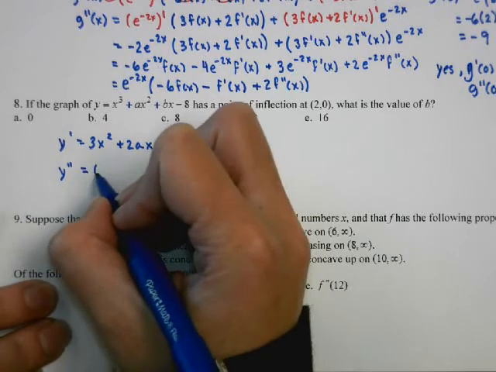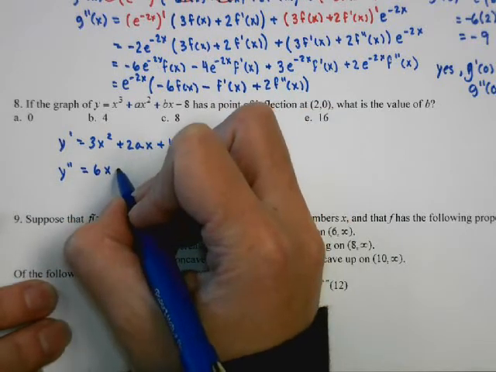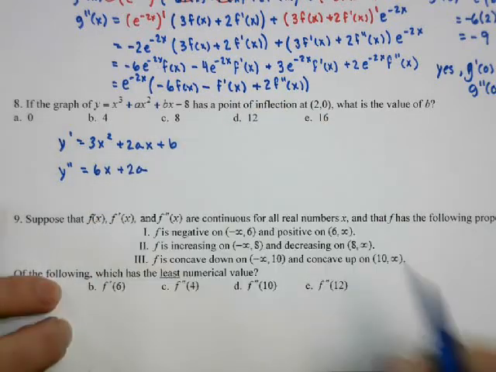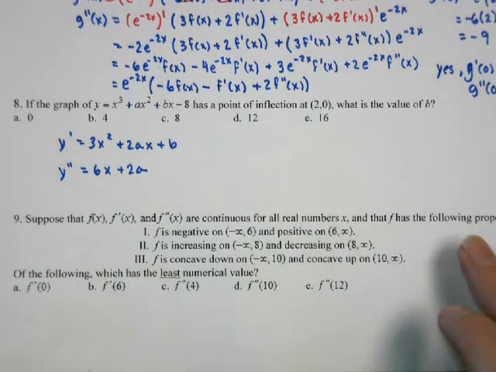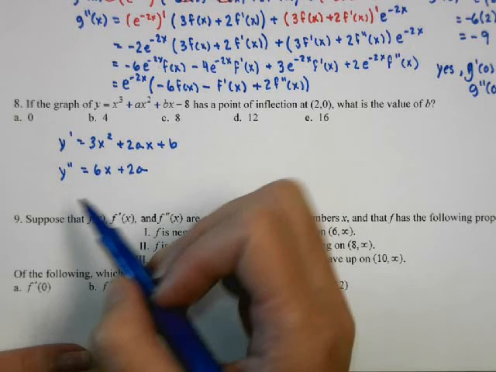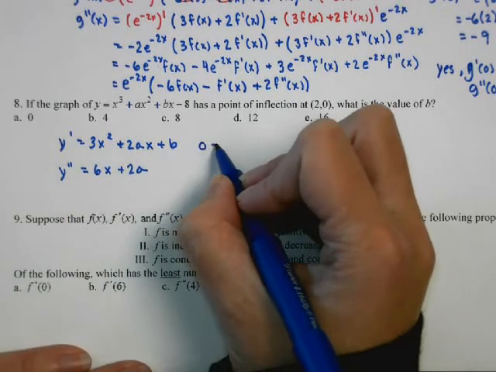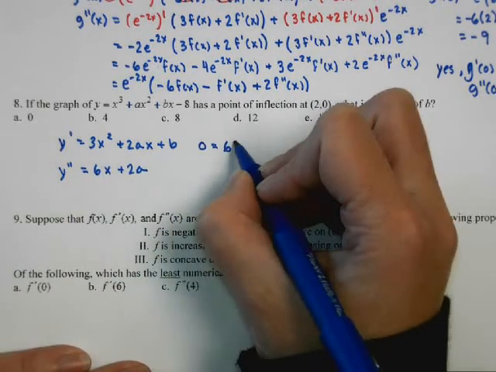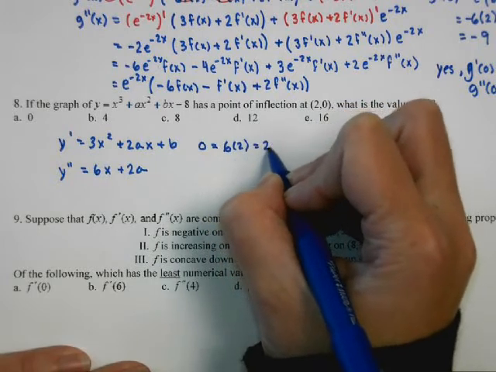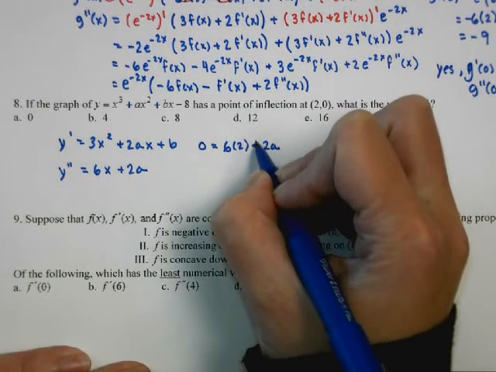If there's a point of inflection, that means the second derivative is going to be 0 when x is 2. So negative 12 equals 2a, which means a is negative 6.